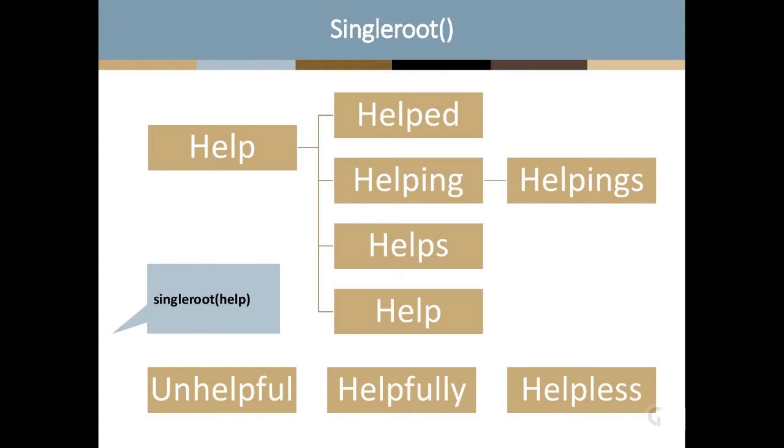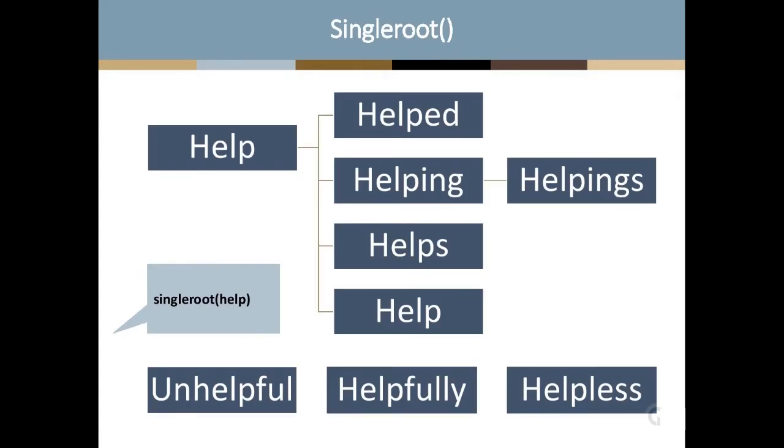What about Singleroot? If I use Singleroot help, what will I find? I'll find all of these, and actually I'll find some extras. Unhelpful, helpfully, helpless. What Singleroot does is an additional step. It performs a stemming algorithm and figures out what the stem of the word is.